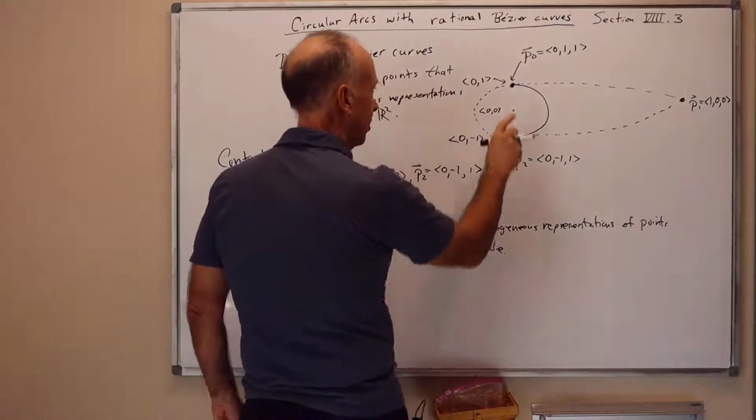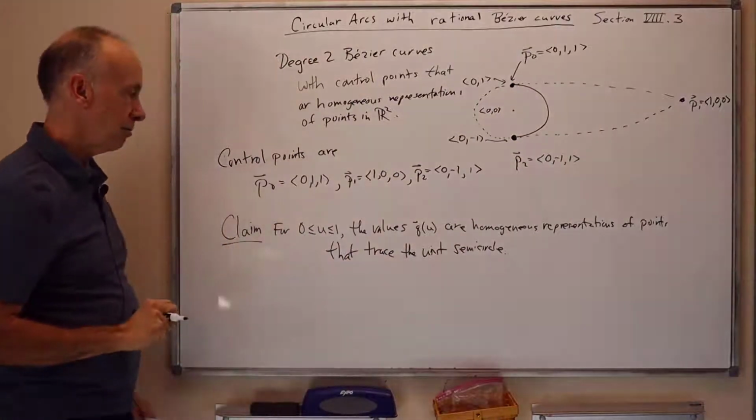So it traces out the right half portion of the circle.